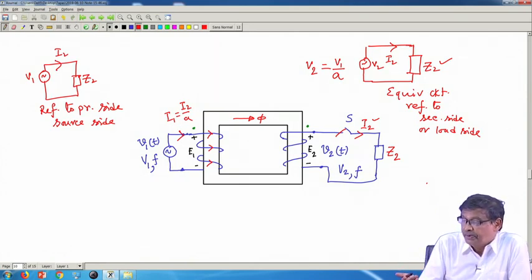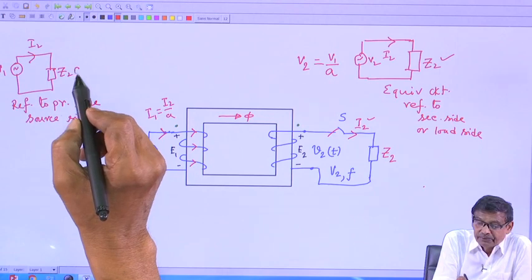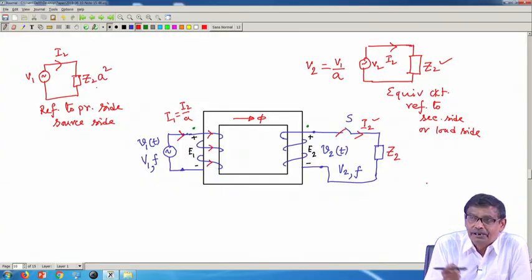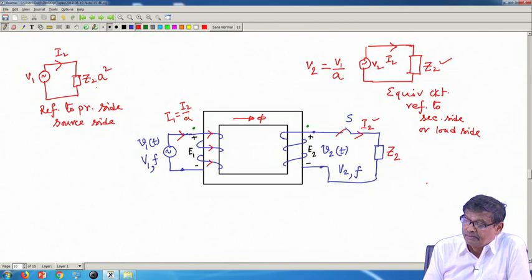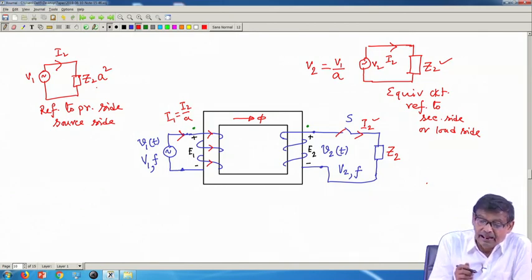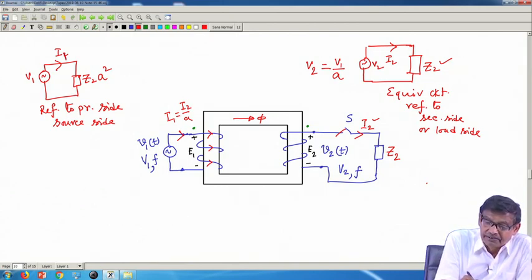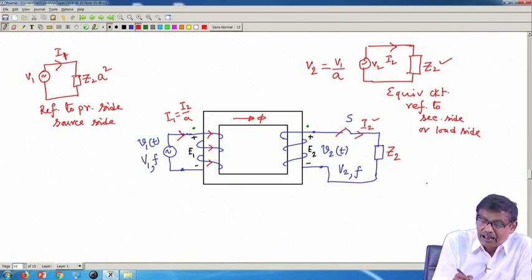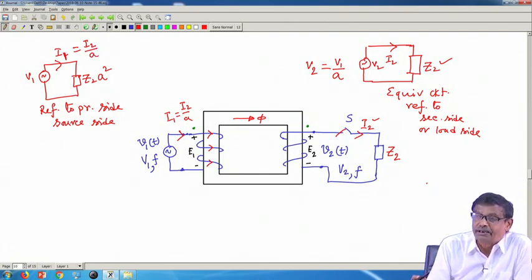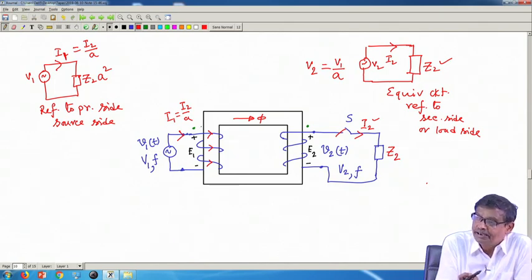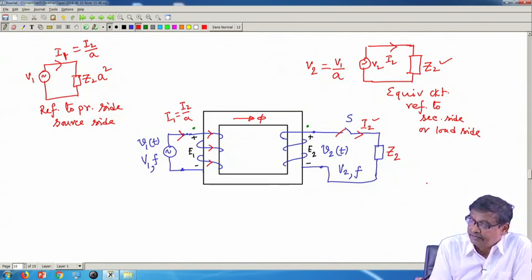Any impedance you bring from the secondary side to the source side, you multiply it with A squared. It should not be Z2, it is A squared into Z2. And this current is I1, and how is it related with I2? It is I2 by A. Any actual current on the secondary side should be divided by A, and any impedance from the secondary to this side is multiplied by A squared.